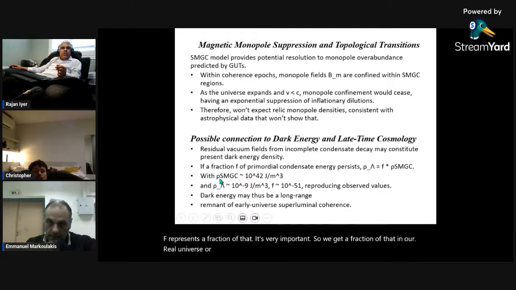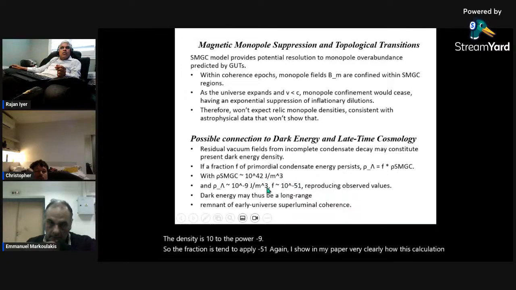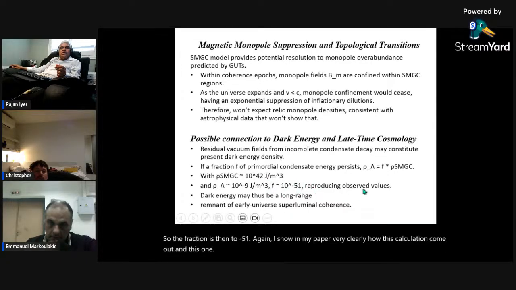That is about very high, 10 to the power minus 42, and the density is 10 to the power minus 9. So the fraction is 10 to the power minus 51. Again, I show in my paper very clearly how this calculation comes out. And this one, we can actually see that is consistent with observed values.